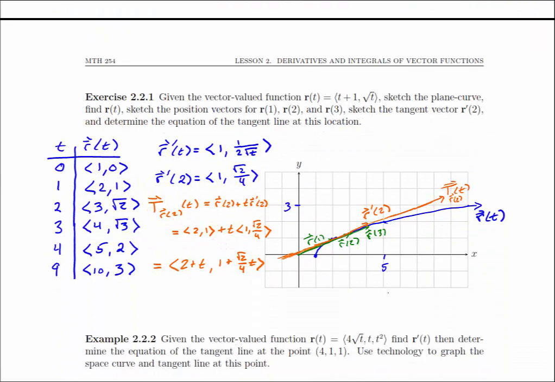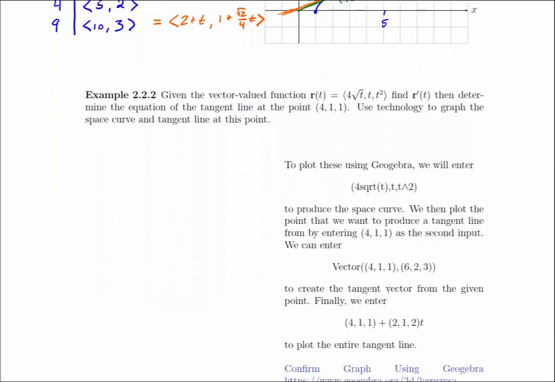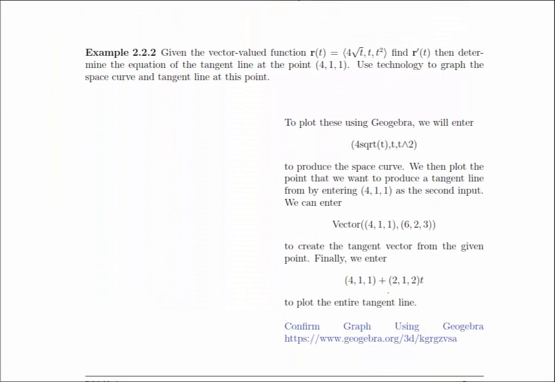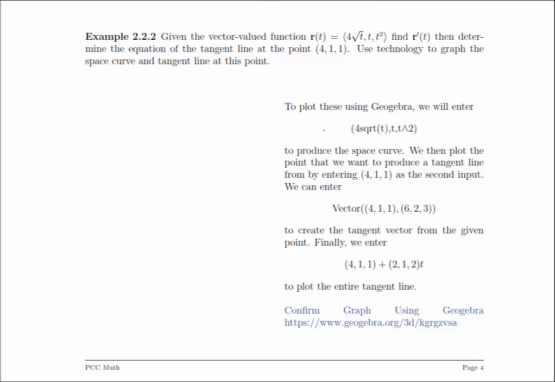All right, back down here, and we will look now at the next example where we are going to use technology to plot these and create the tangent lines and all of that. So what we're going to do is open up GeoGebra, and I'm going to do all of this in GeoGebra, and here are some written directions so you can follow along on your own paper by reading these if you would like to, but I'm going to pretty much wing this.